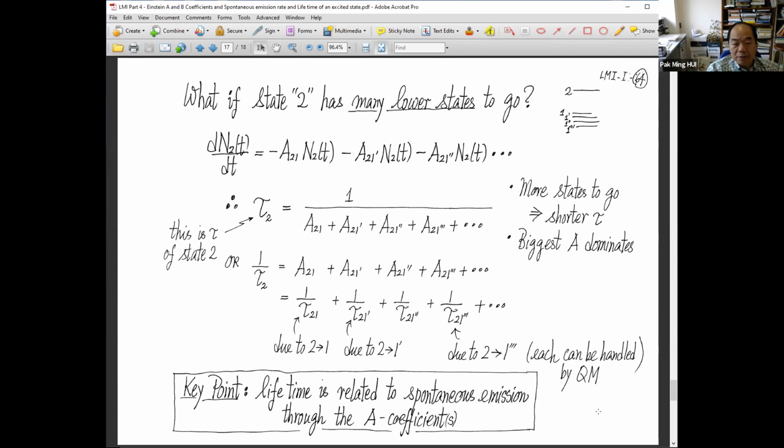I mentioned this to be more formal. If this is the excited state and there are many lower states that it can go into, then the analysis is that you put more terms in the decaying analysis, and therefore each of these processes will contribute a rate. So you have this being the lifetime of that excited state, regardless of where it decays to, all right?